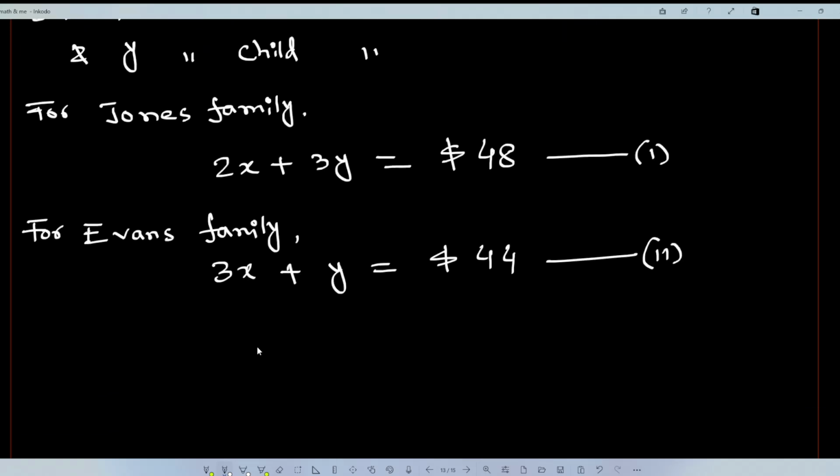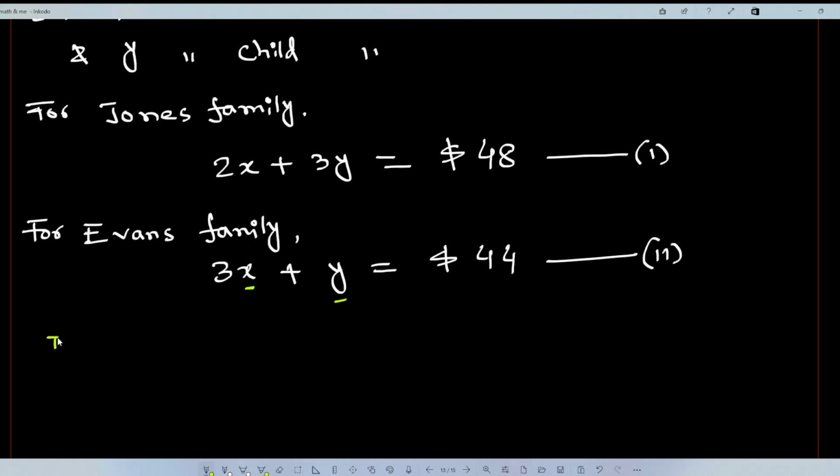So here look, there are two equations. One equation is 2x plus 3y equals $48, another one is 3x plus y equals 44. So first we have to find out the x value, or the y value, but we have to eliminate one value. So in this case what can we do?